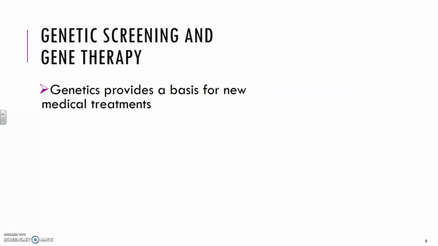We've talked a little bit about gene therapy back at the beginning of the semester when I gave you that video on CRISPR. CRISPR is being used a lot in gene therapy now, or it's starting into the process, but genetics provides a basis for new medical treatments.